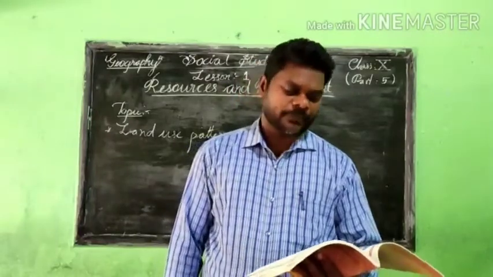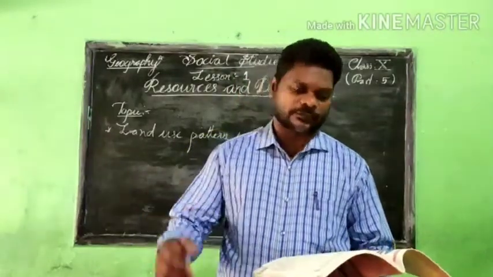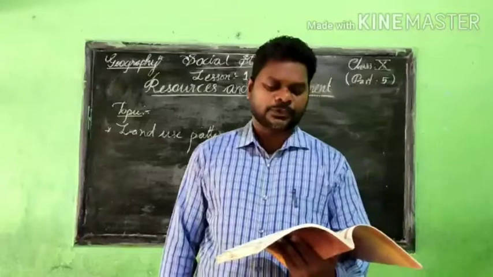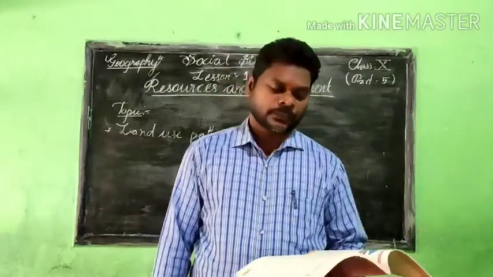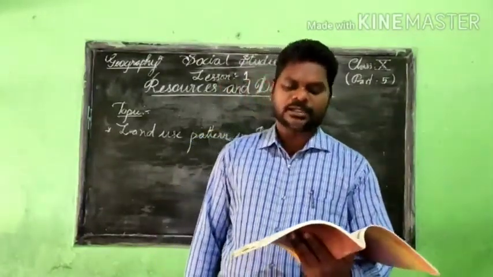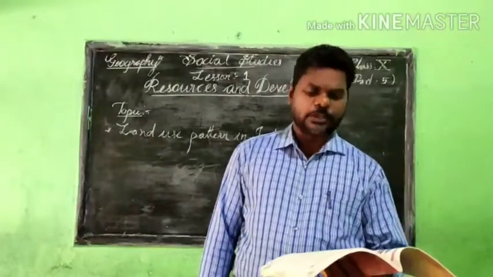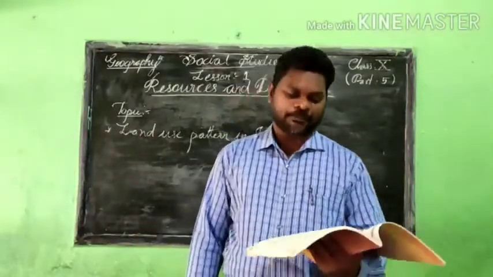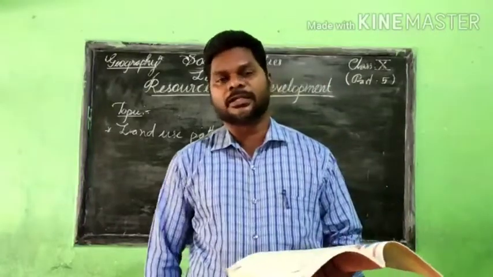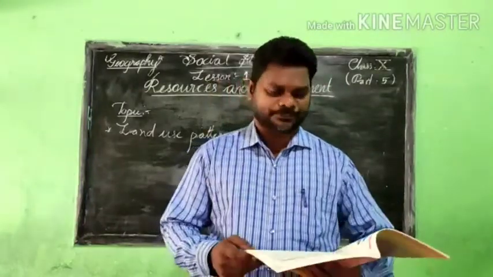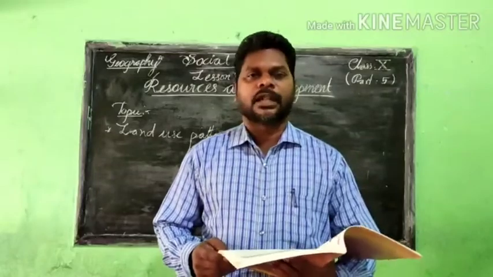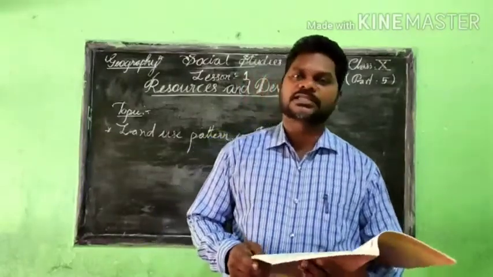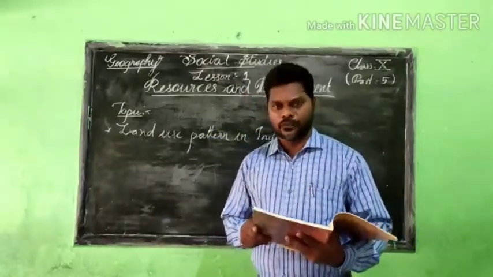First we discussed the forest, second the land not available for cultivation, third other uncultivated land, fourth fallow land, and fifth net sown area. These are the 5 topics from land utilization we discussed in episode 4.